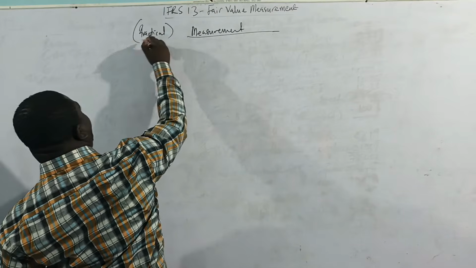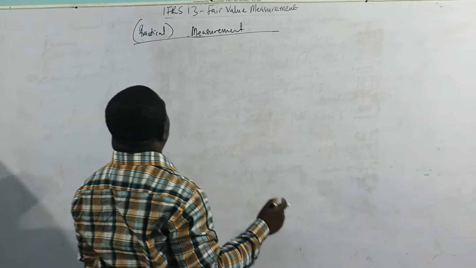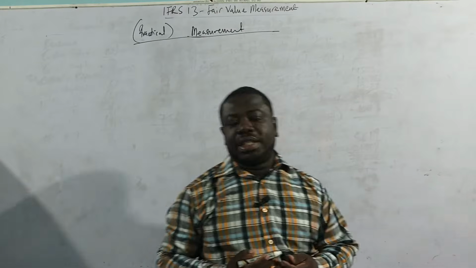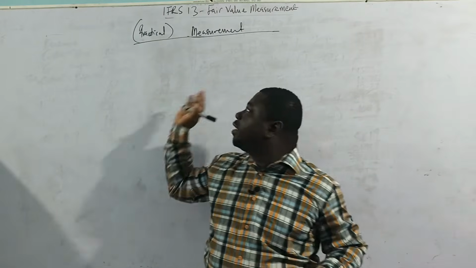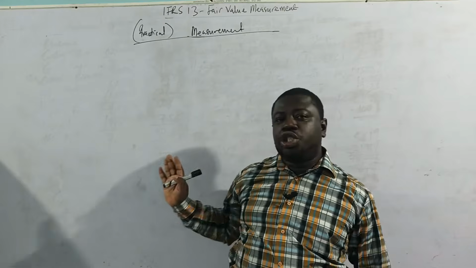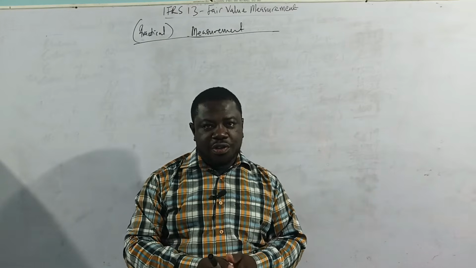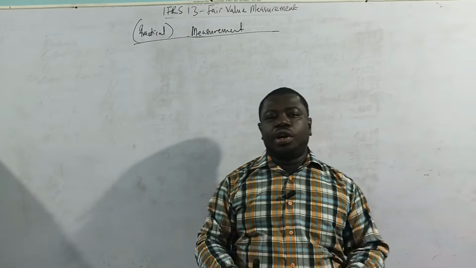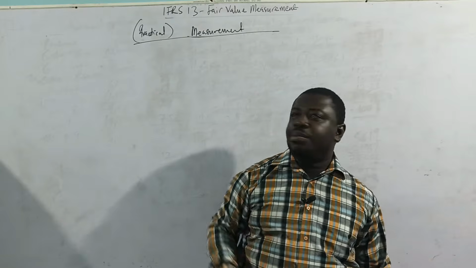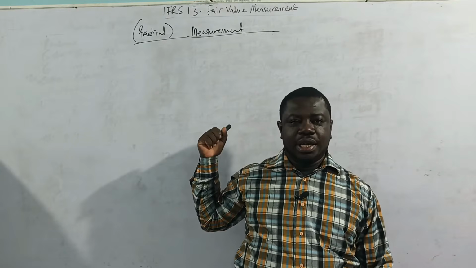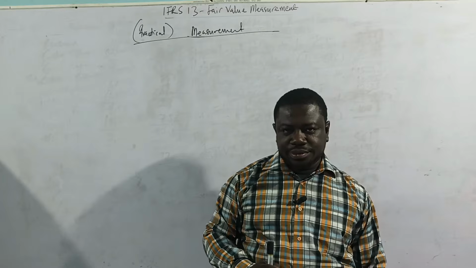I'm just adding the practical, though it's not in the standard, but I am trying to let you understand what I mean. Because please pay attention. What I'm going to teach you here is what we are going to use to solve the question. And almost all the questions that come under fair value measurement will test you on this. Okay, so please pay attention.